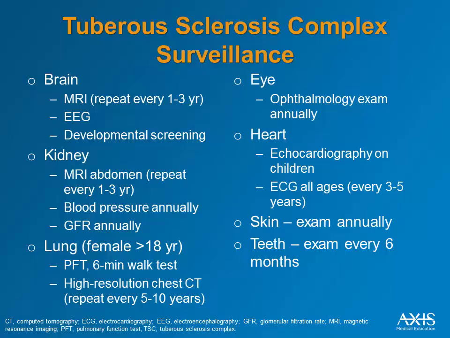The cardiac manifestations, as I mentioned earlier, are more characteristic in children than adults. Echocardiography in children, probably that won't be very valuable in adults, but to do an electrocardiogram, because there can be ECG changes that may be the sort of long-term sequela of a previous rhabdomyoma. A skin exam on a regular basis, and dental monitoring given the occurrence of pits.